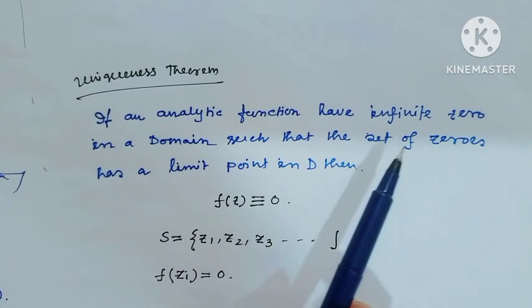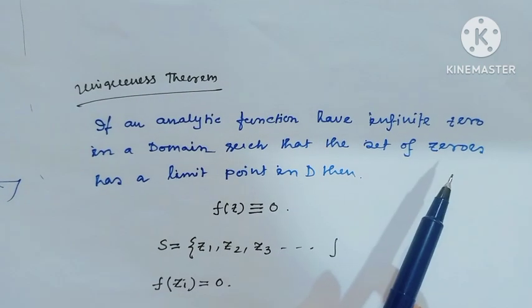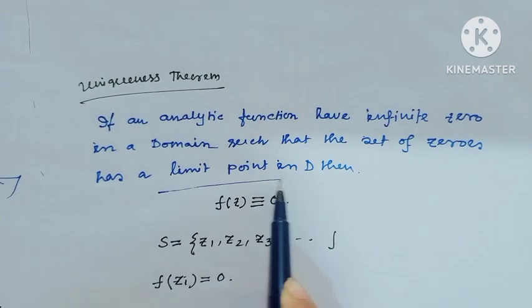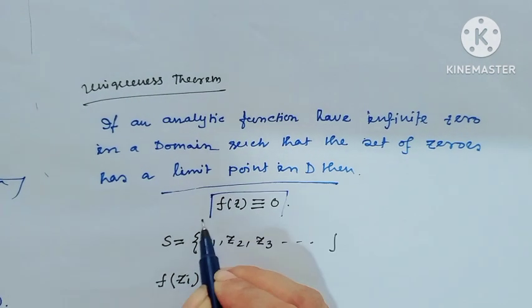If an analytic function has infinite zeros in a domain such that the set of zeros has a limit point in this domain, then f(z) is identically 0.